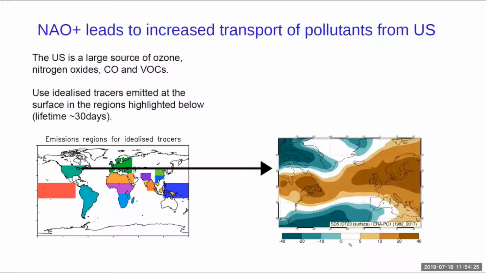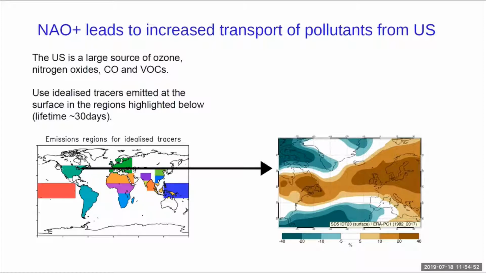In order to understand that, we think this is due to the fact that when the NAO is in its positive phase, this leads to increased transport of pollutants from the US. In order to prove that that is indeed the case, we use some surface emissions of an idealized tracer from the US, and we see how these respond to different phases of the NAO.